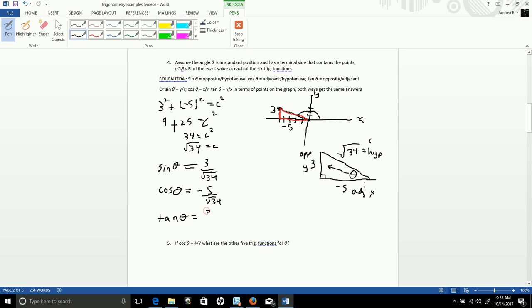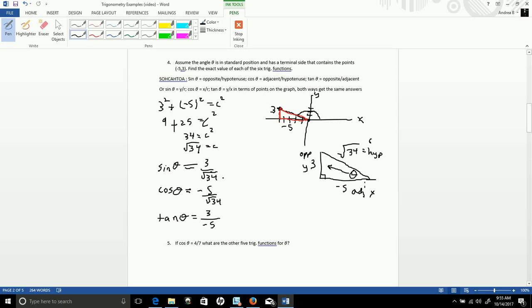So we'd have our opposite, which was 3, over the adjacent side of the negative 5. And make sure for any of these, if you're doing a negative over a negative, make sure you write your final answer as a positive number. Because if you have a negative and another negative that you're dividing, remember your answer is positive.